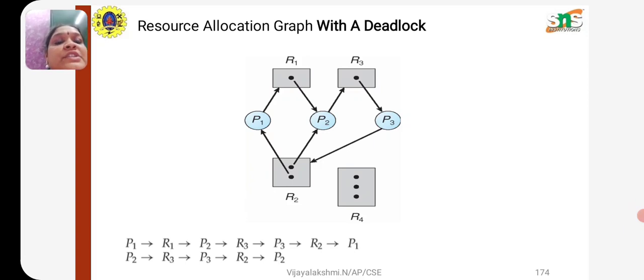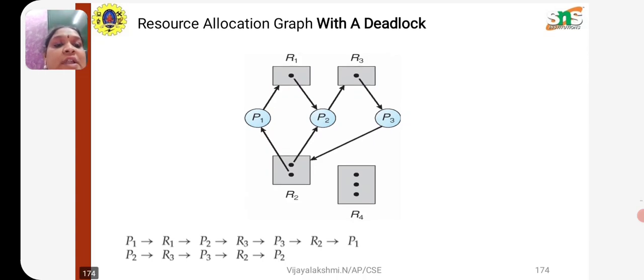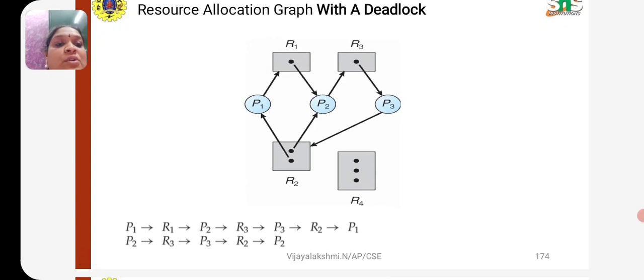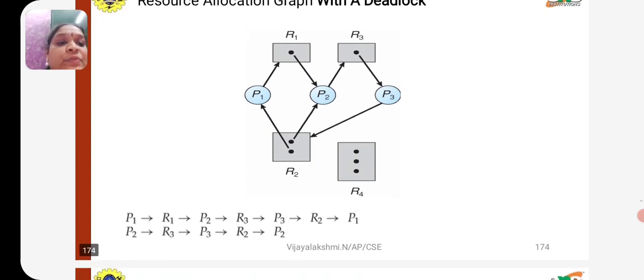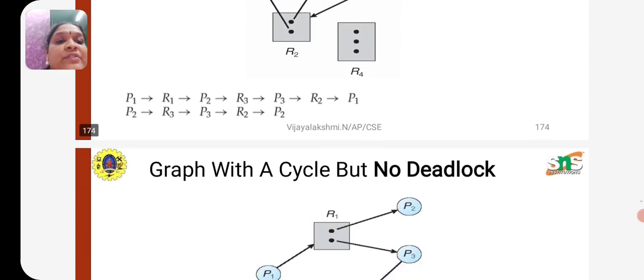Similarly, P2 is requesting R3, but R3 is already held by P3. Similarly, P3 is requesting R2, and R2 is already held by P1. And R2 is also held by P2. So this is the scenario given.